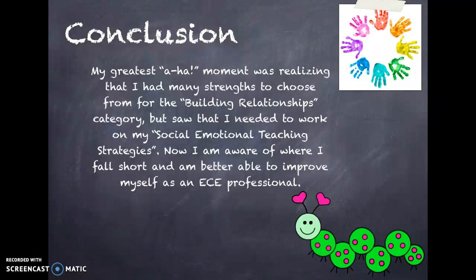But it's also important to have plans and lessons and to help them to think critically and to recognize emotions. So now I'm aware of where I fall short and how I can improve myself as an ECE professional. And I feel excited about that. I feel like I'm a better teacher now.